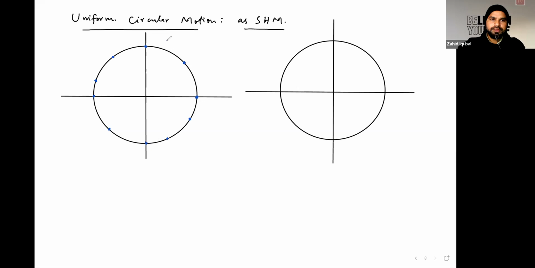A particle is going along this way along the circular path at constant angular velocity omega.